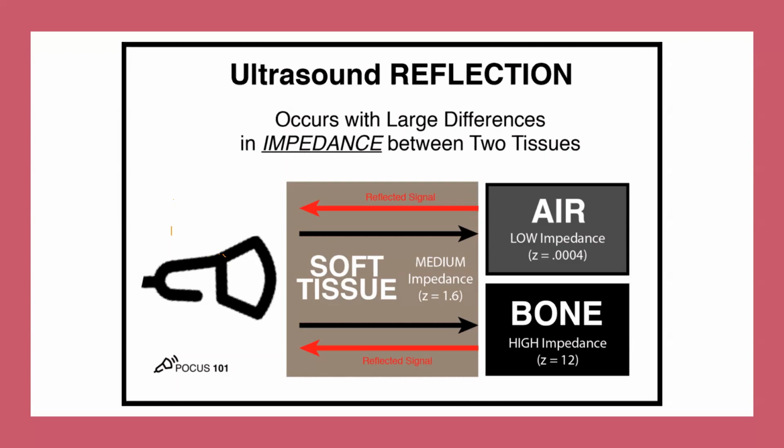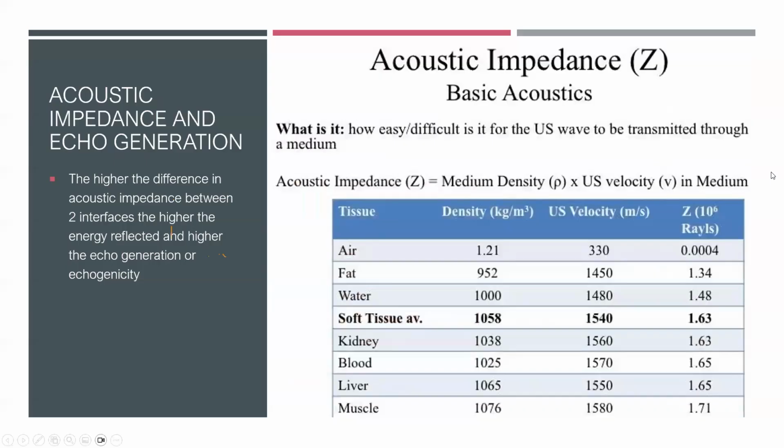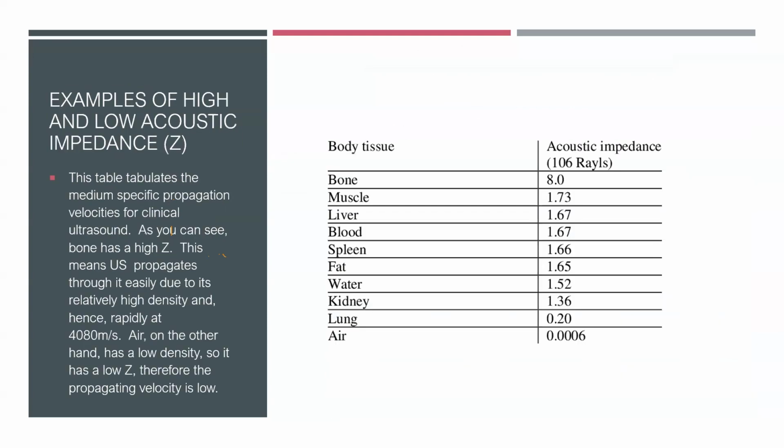So the ventricular lining is seen very well, but fluid itself, CSF, will have a constant impedance, no reflection, and that is why it appears dark or hypoechoic. So this is why acoustic impedance is very important. It's not something that you really can change a lot. It is because of the property of tissues, but you can, from your perspective, alter frequency and focus to try and optimize your images.